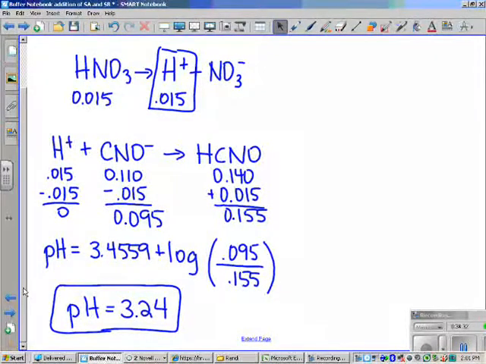Don't just copy the initial line there. Think about what you have. So initially, look at your strong acid, decide the H plus concentration. The weak acid and the salt concentration, which gives you the anions concentration, were listed in the problem.